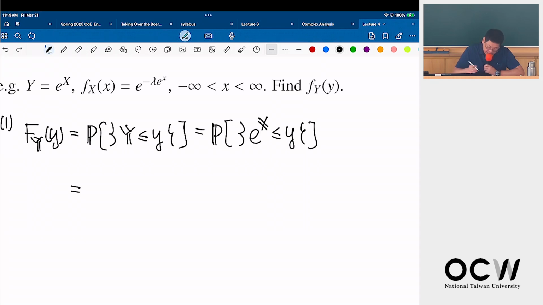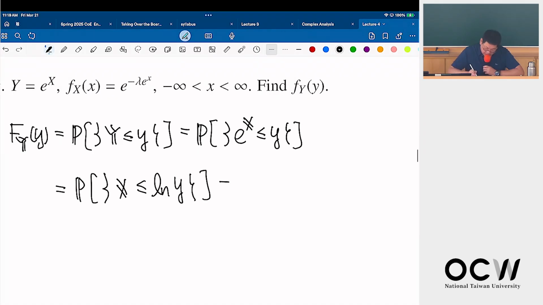We can rearrange and simplify that as x less than or equal to natural log y. What is the probability of x being less than or equal to some point? That is your CDF of x.